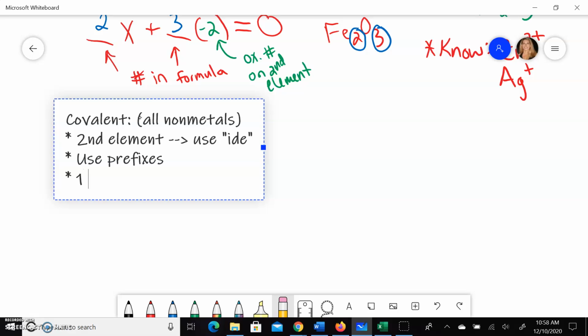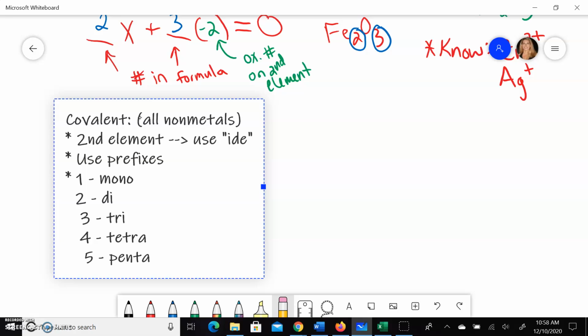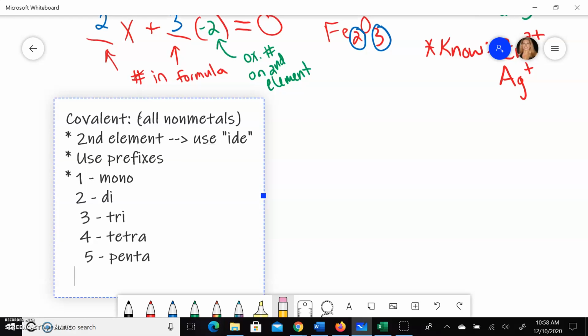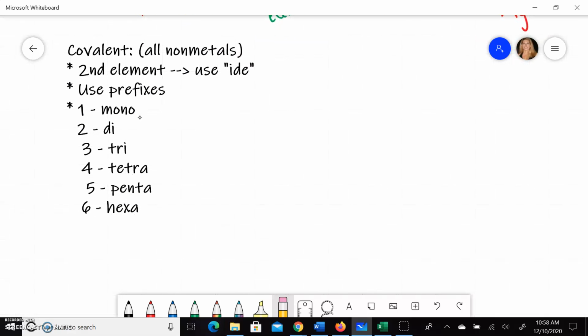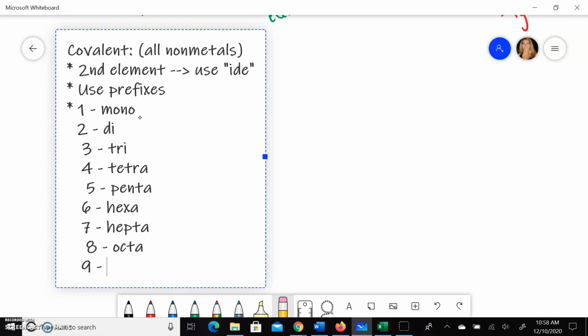So 1 is mono, 2 is di, 3 is tri, 4 is tetra, 5 is penta, 6 is hexa, 7 is hepta, that's a hard one, 8 is octa, 9 is nona, and 10 is deca.